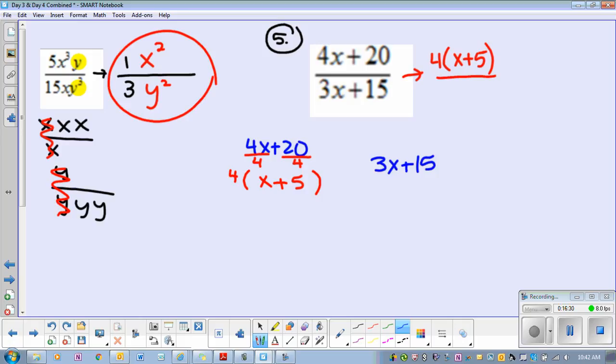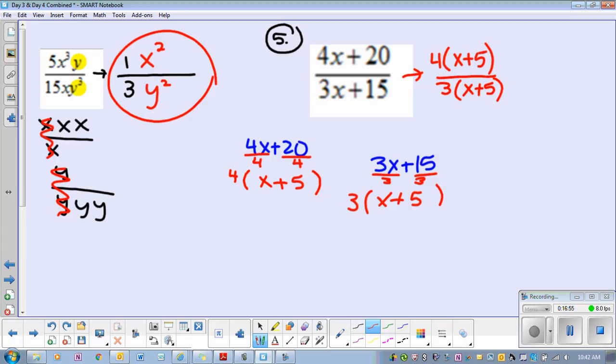What is the GCF? 3. Divide everything by 3, and what do you have? x plus 5. Good job. So 3 times x plus 5. It's like a puzzle that just works so well, right?